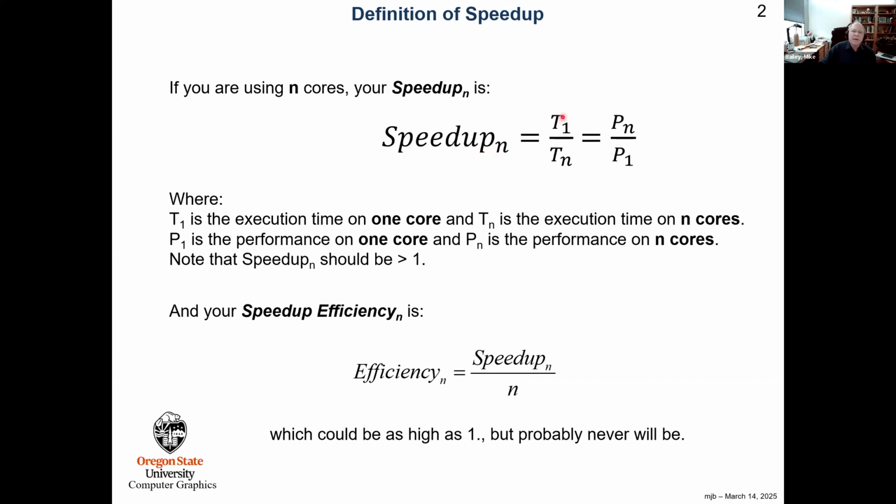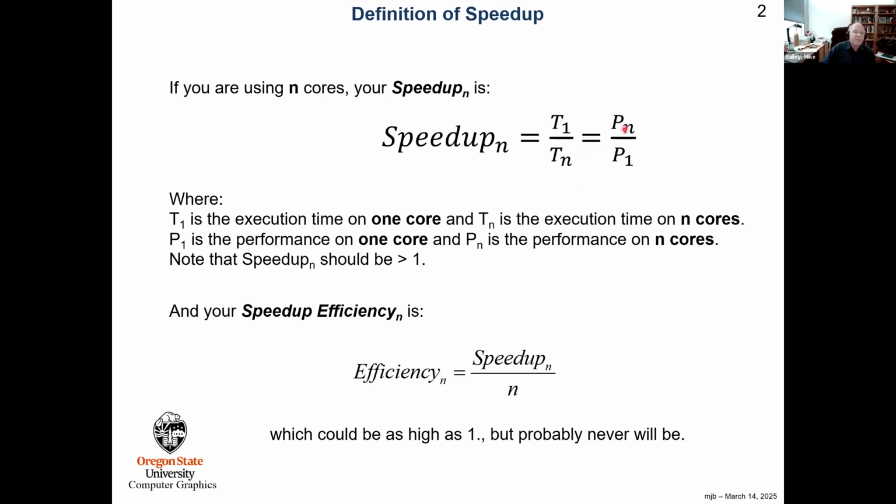Okay, let's define speed up. Speed up is, and there's two ways to compute it, and they'll give you the same answer, the time it takes to run it with one thread divided by the time with n threads. In theory, one thread takes longer, so this is a big number over a smaller number, and you get a speed up greater than 1.